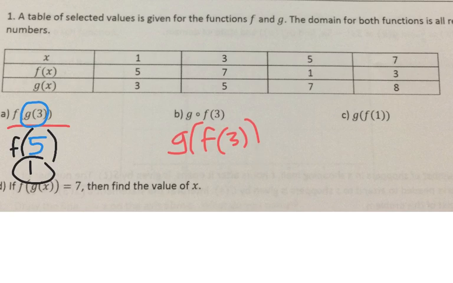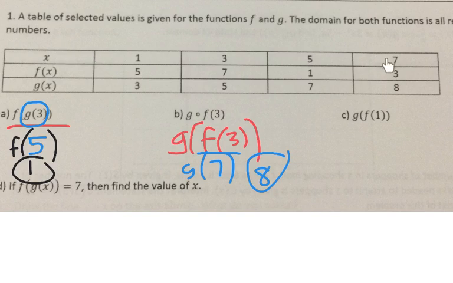We finished with B. We should start with f of 3. F of 3 is 7. And g of 7 is 8. So B should be 8. Questions there? Wait. How's g of 7 8?